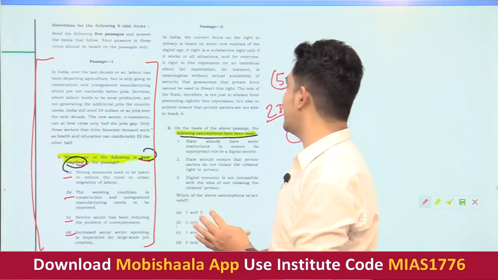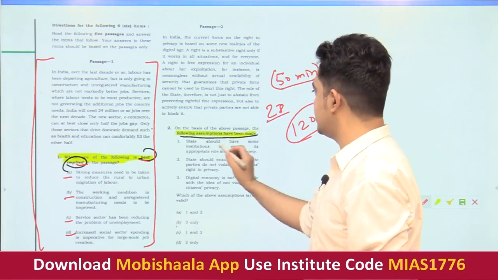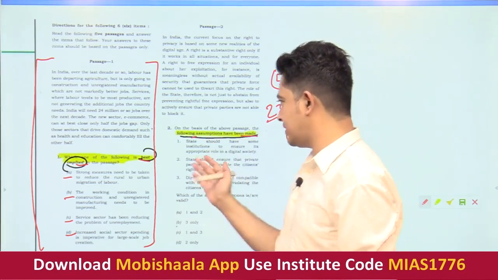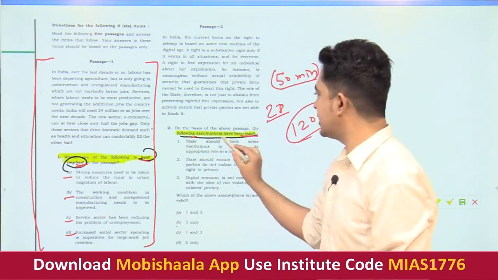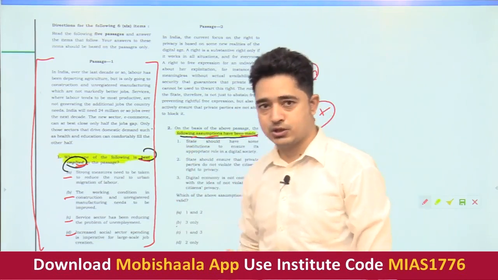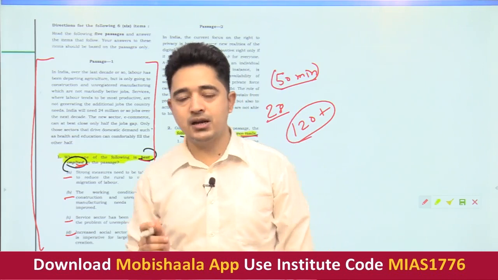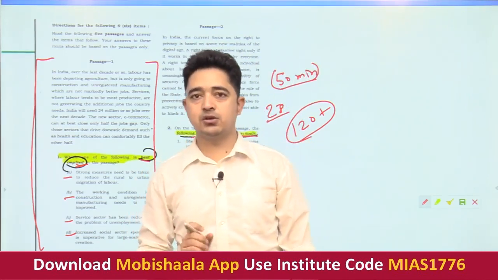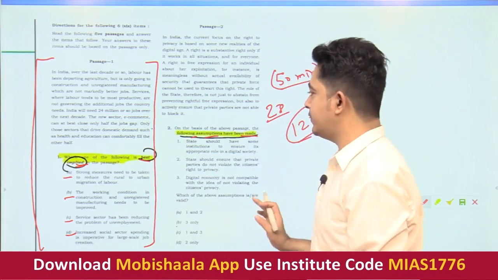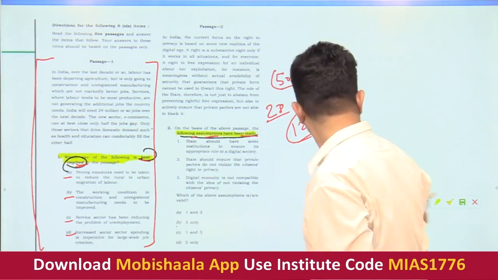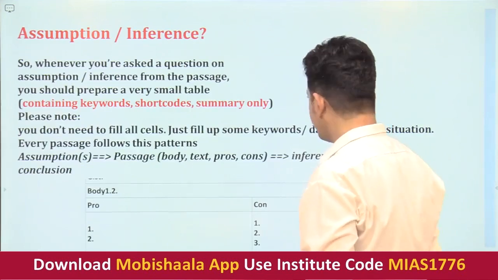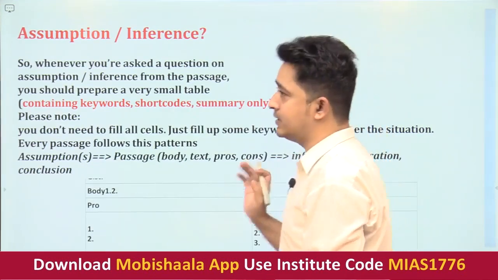Now, for example, here the question is 'the following assumptions have been made'. So there are the best implied and the assumption types. There are 2 types of questions you are asked in your exam, so you have to understand how exactly to solve them. First, we have assumptions and inferences.